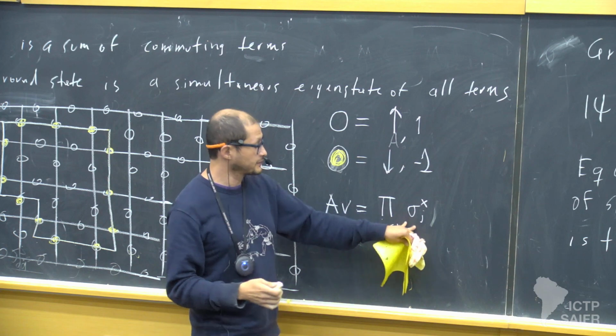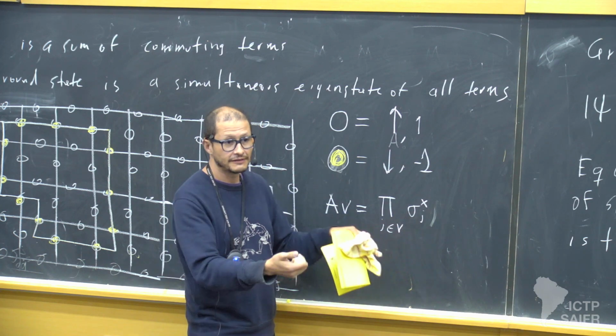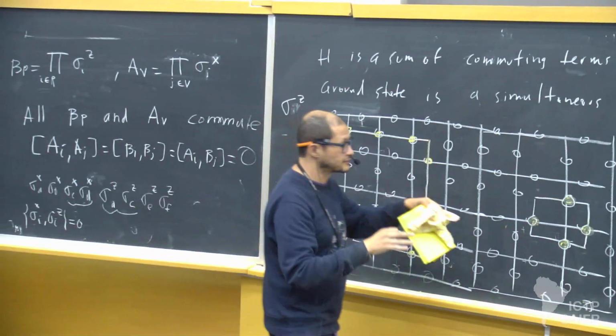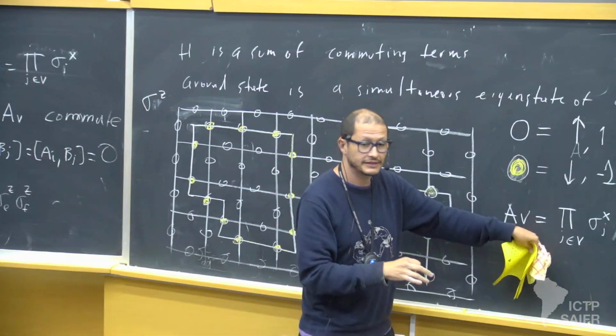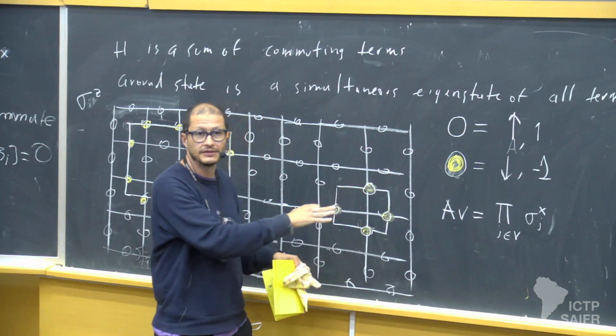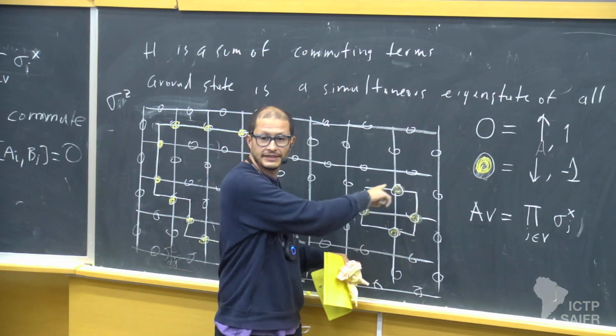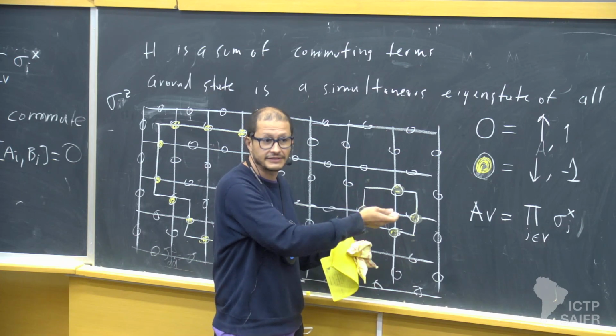What this operator does is flip spins in this computational basis. So if you apply a vertex operator to this configuration, it flips all the spins at the vertex, right?